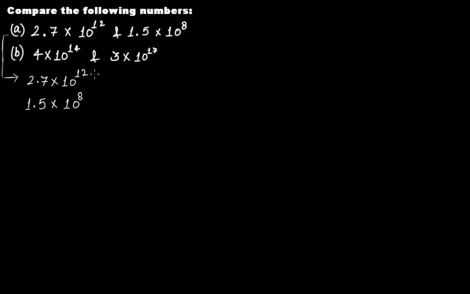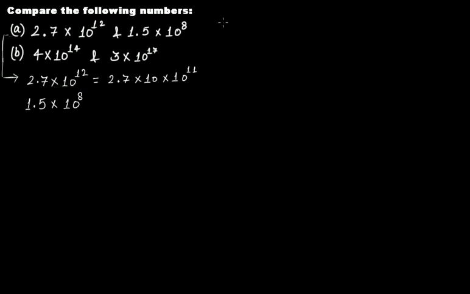Okay, tell me one thing. Can I write this number as 2.7 into 10 into 10 raised to the power of 11? What I have done is I have simply taken out 1/10 out of this.